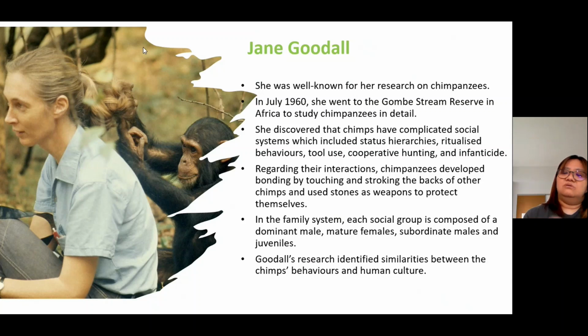Yeah. So regarding all these chimp interactions, chimpanzees develop bonding by touching and stroking the backs of other chimps. This one we call grooming behavior. They also use stones as weapons to protect themselves.